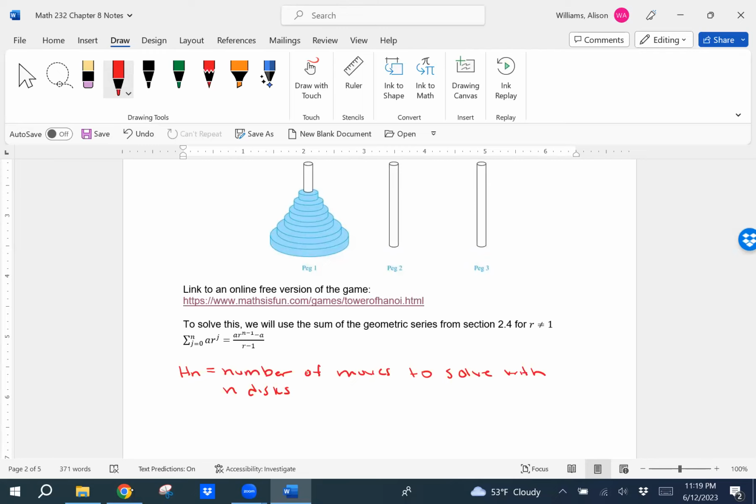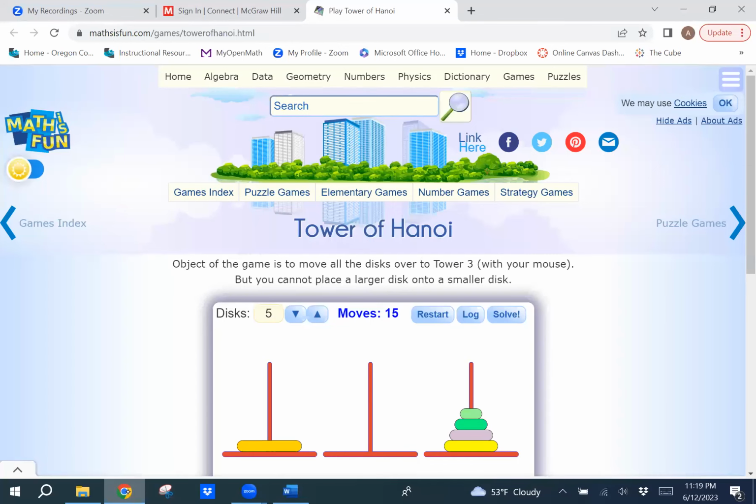Now to start this off, and this is why I'm going to go to the game to show you, we're going to move the first n minus 1 disks. So H sub n minus 1 is going to occur for the first n minus 1 disks. Okay, so that's what it's going to look like.